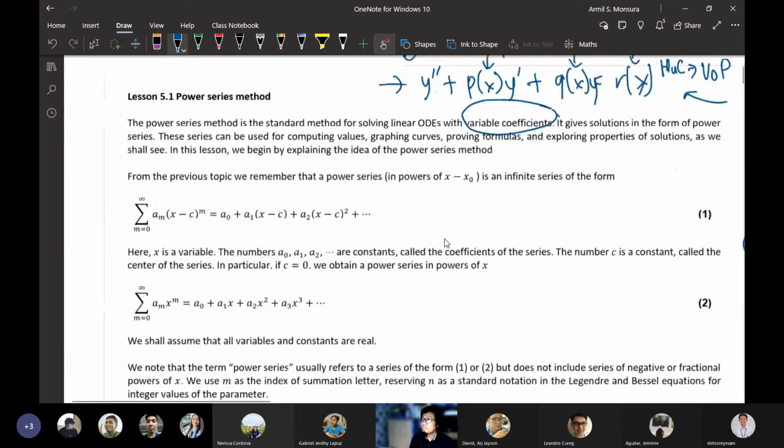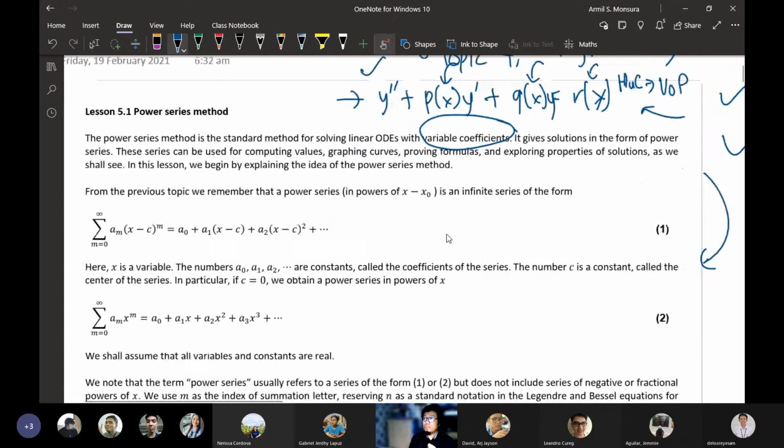Okay? So, now what we will do here is to employ or to explore the idea of the power series method of solving these kinds of differential equations. Okay? So, konting review lang kung ano man yung nadaanan nyo with the previous topic is that we have studied that we can write out a power series expansion for your function, okay?